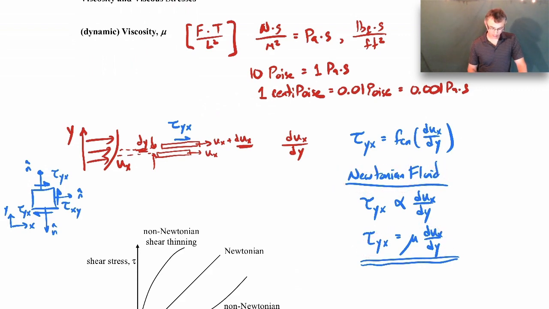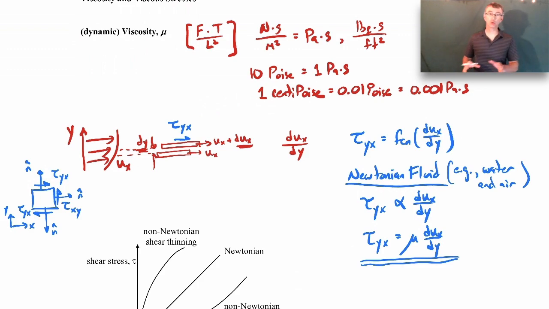Now, why do we care about Newtonian fluids? Well, it turns out that water and air are both examples of Newtonian fluids. The two most common substances we deal with in engineering, water and air, are both Newtonian. And there are other fluids that behave in a Newtonian manner as well. So that's very convenient for us. Now, fluids that don't behave like this are called non-Newtonian. So it's like you have elephants and non-elephants, right?